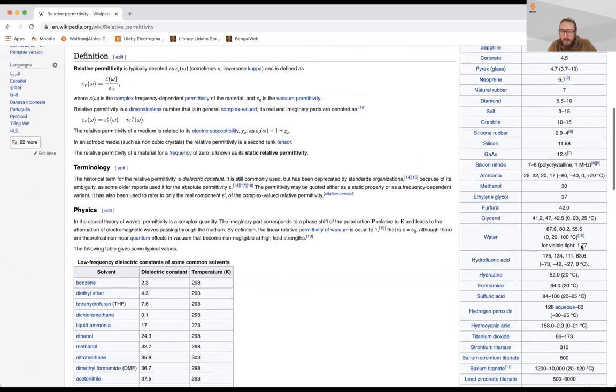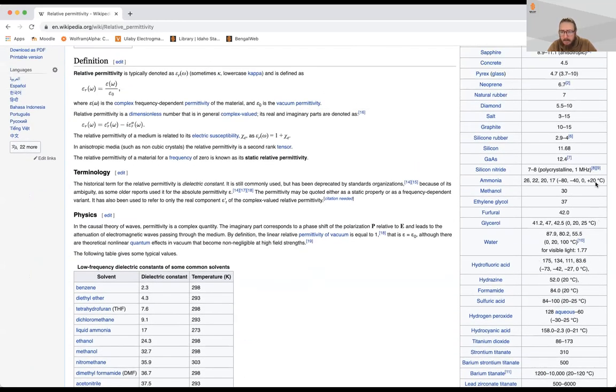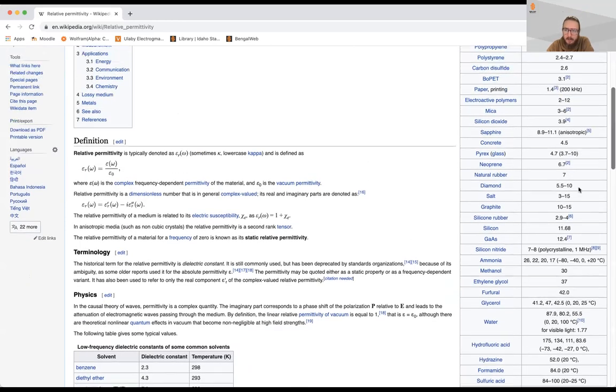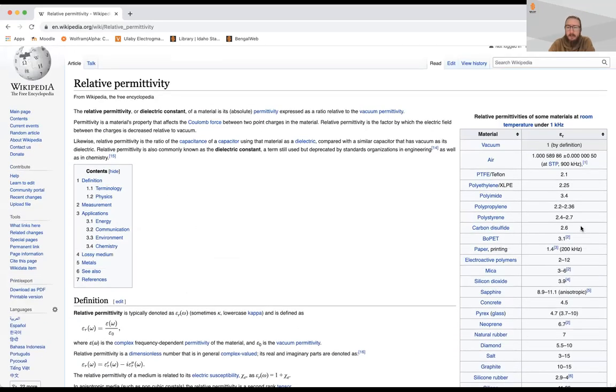Most objects have their dielectric somewhere in this 1 to 100 range. That's why scientists like to compare these different things using the relative permittivity, or relative dielectric constant. It's an easier, faster way to compare objects to each other.